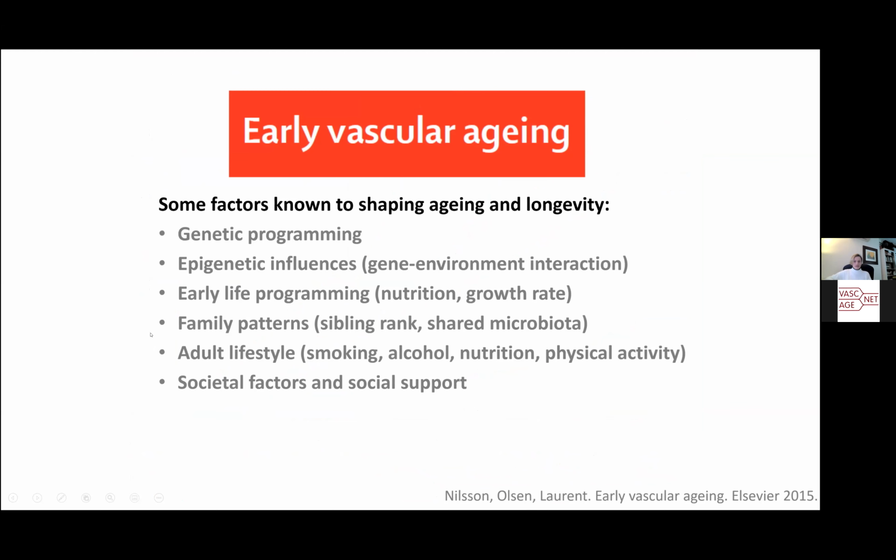We have also family patterns, sibling rank, shared microbiota, all different things that really come to the fore now as being quite important. And then, of course, the traditional lifestyle factors that we typically hear about, and societal factors and social support. So if you look at these aspects, one could also ask, it's almost identical for what we know in terms of blood pressure.